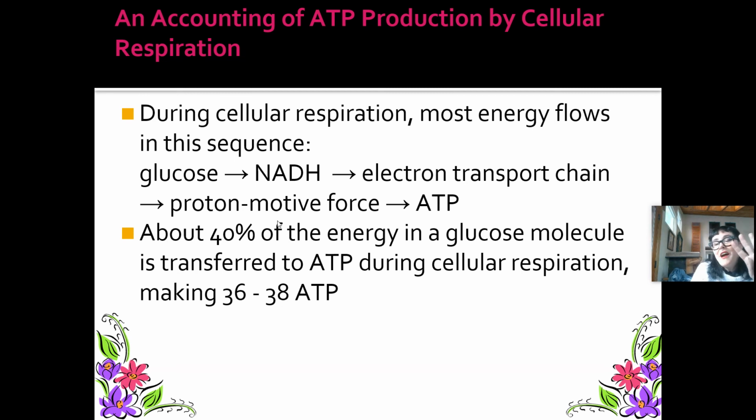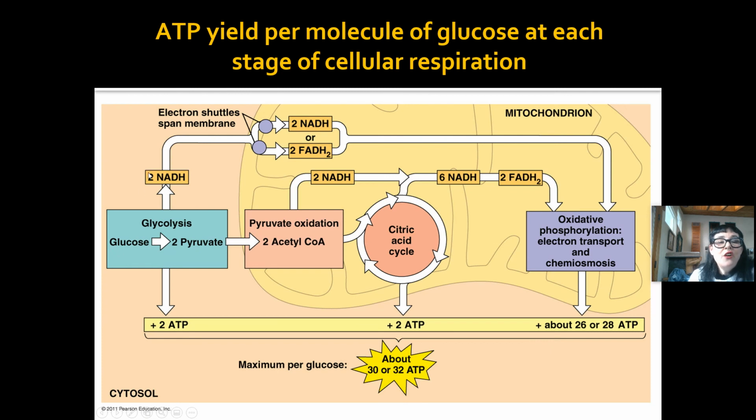Well, think about it, we've also got 4 ATP that we made first, 2 from glycolysis, 2 from the Krebs cycle, and then a maximum of about 34 during oxidative phosphorylation. So this is showing an overall view of this entire process. This is something else that I would go through when you're studying and try to explain it step by step: exactly how each part happens, what the products are, where they go, the locations, that type of thing.